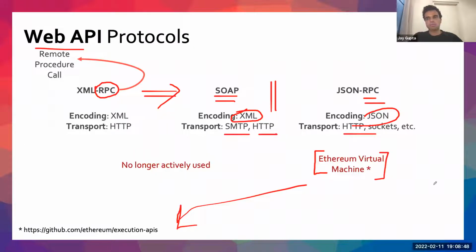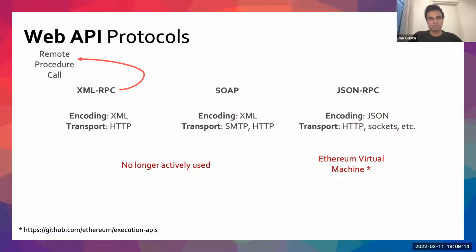If you don't know what Ethereum is, it's basically a software platform that can be used to create decentralized applications. The Ethereum Virtual Machine is where all the Ethereum accounts and smart contracts live. So the Ethereum execution engine, to be specific, is something which provides JSON RPC APIs.